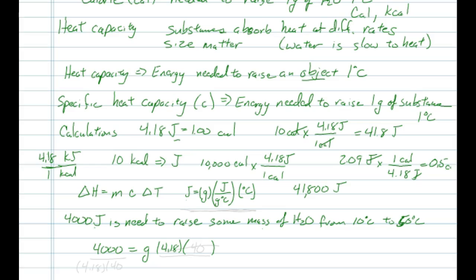So 50 minus 10 is 40. Always subtract so that you get a positive number. It's not necessarily necessary to do that, but for us, we're not going to worry about whether you're gaining heat or losing heat, which would be the positive or negative sign. Divide both sides by 4.18 times 40, and then doing the math, you'll get the grams.